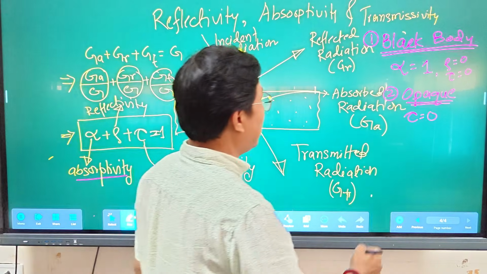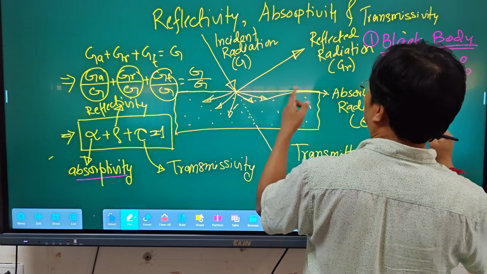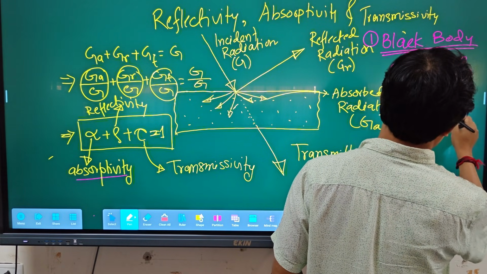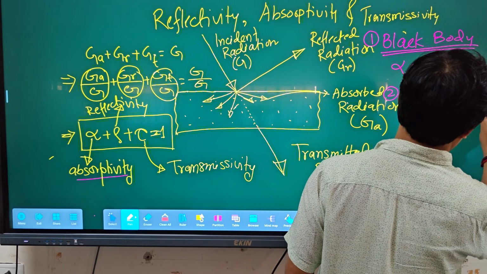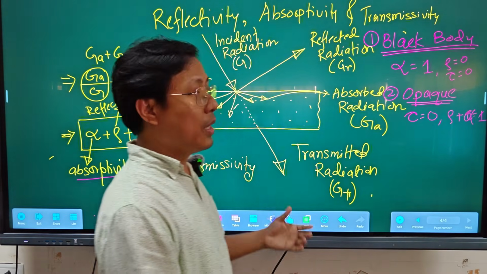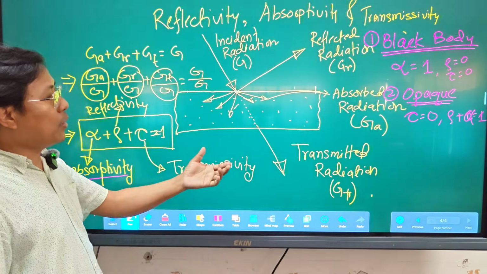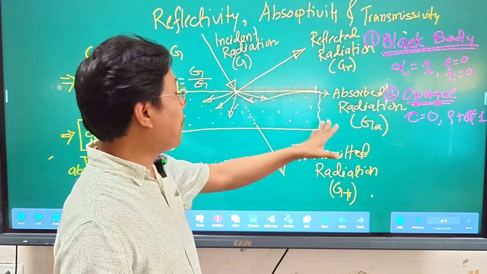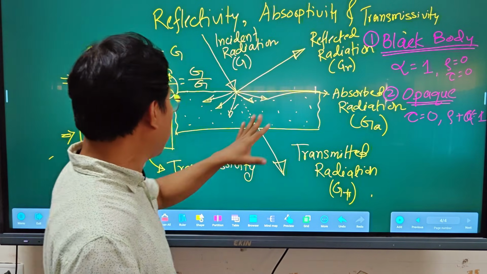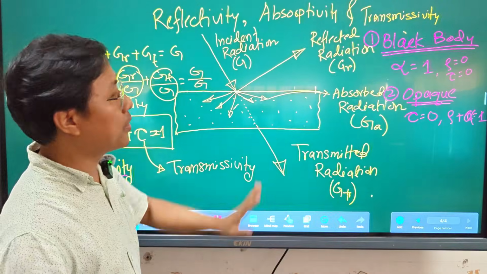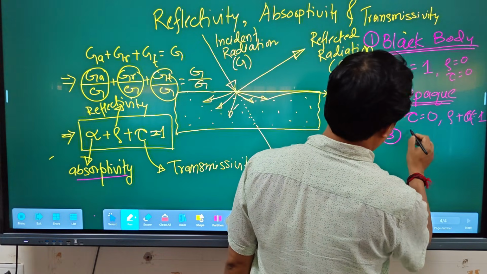Here we have rho plus alpha equals 1. So in an opaque body we have zero transmission, but we have reflection as well as absorption.